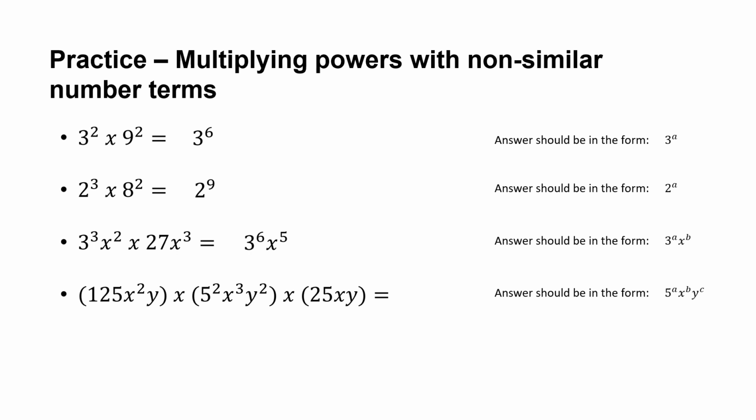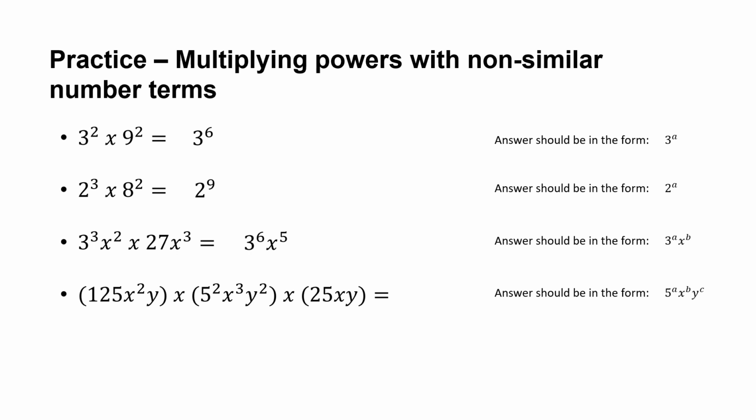So if I use the methodology of collecting like terms, then I'm going to multiply the 3 cubed times 3 cubed, and that gives me 3 to the power of 6 using the exponent rule. And then with the x terms, I have x squared times x cubed. Using the rule, I add the exponents, so I get x to the power of 5. So my final answer is 3 to the power of 6, x to the power of 5.